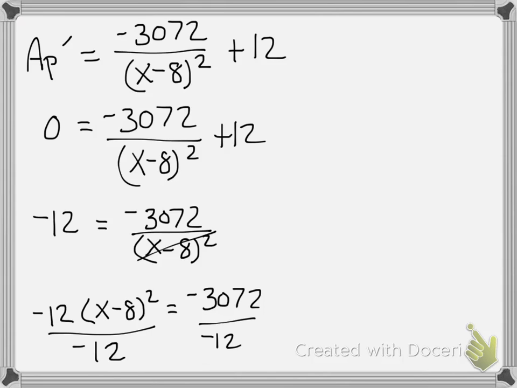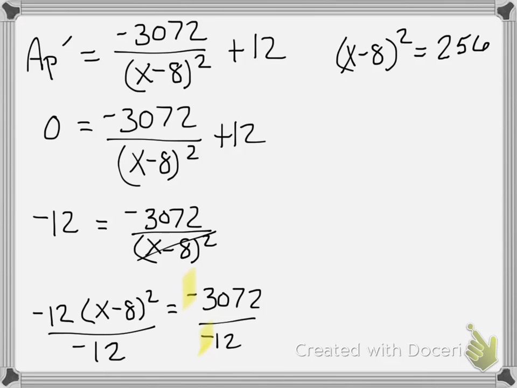And that will give us (x minus 8) squared is equal to, we have a negative and a negative, so we're going to have a positive, and that 3072 divided by 12 is going to give us 256. So then take the square root of both sides to get rid of the (x minus 8) squared.